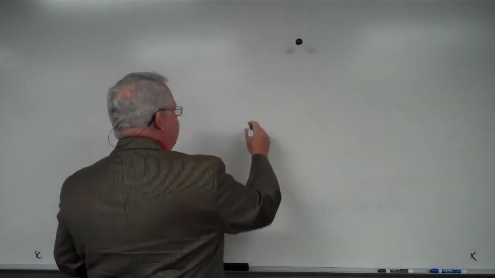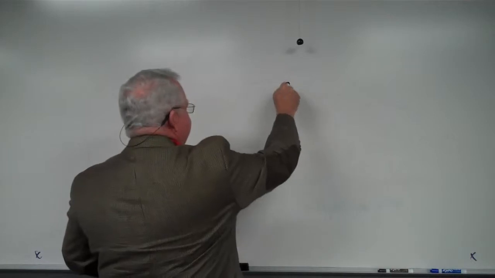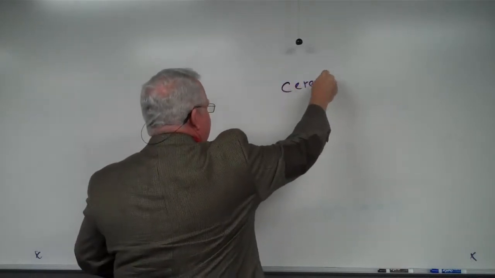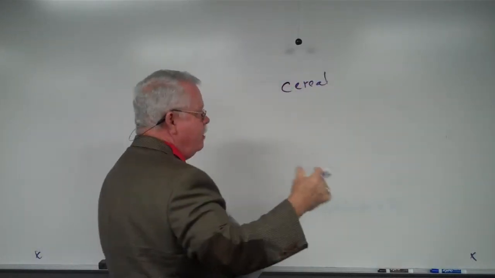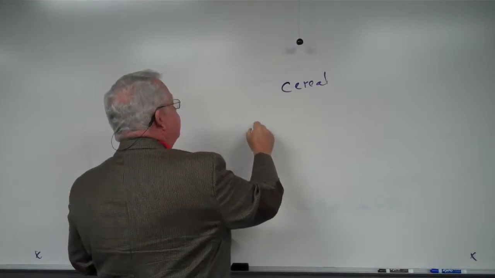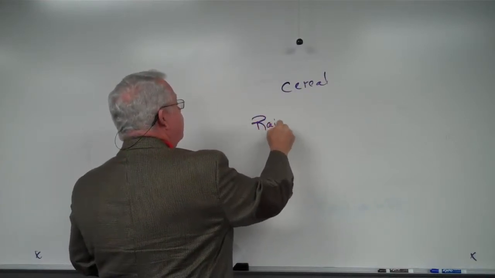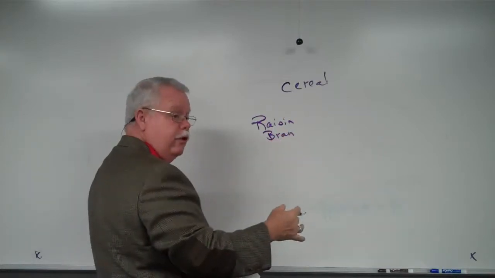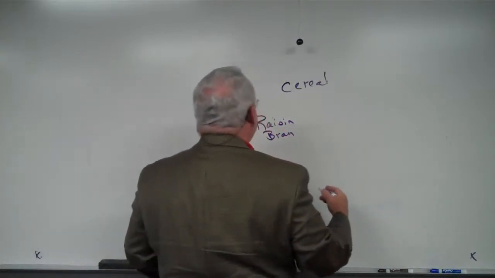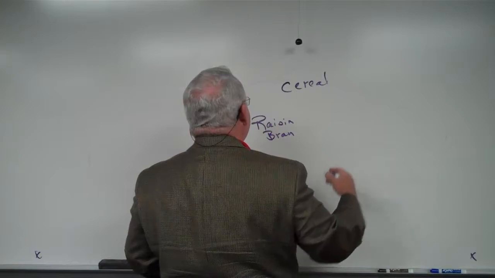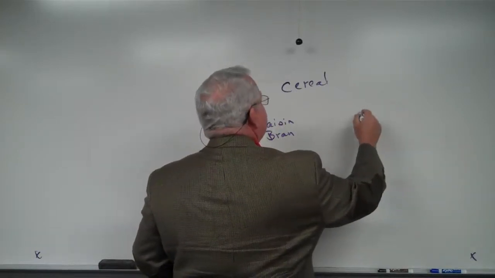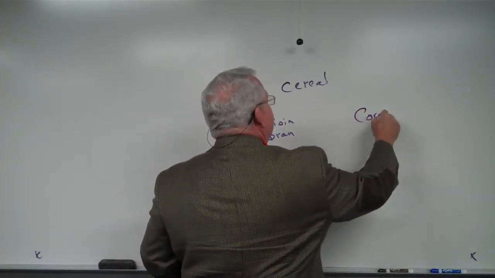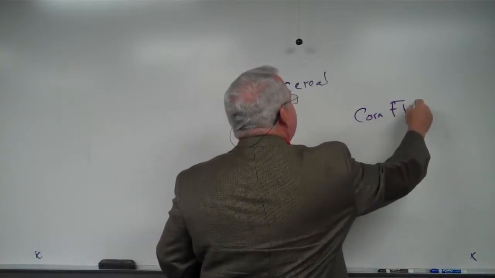If I'm selling two breakfast cereals, and I don't know if these are made by the same company or not, but suppose I'm selling Raisin Bran, and then I introduce a new cereal, cornflakes, good enough.